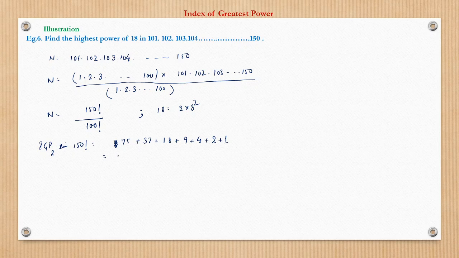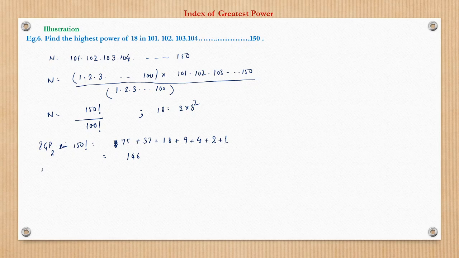So this becomes 75 plus 37, which is 112. 112 plus 18 is 130, 139, 143, 145, 146 it comes, I think. 146.